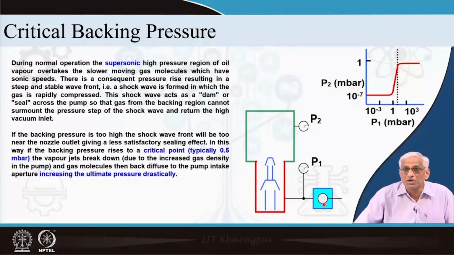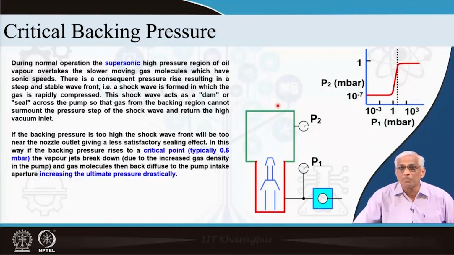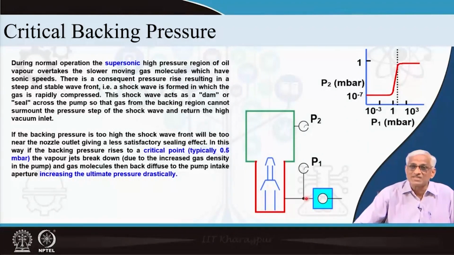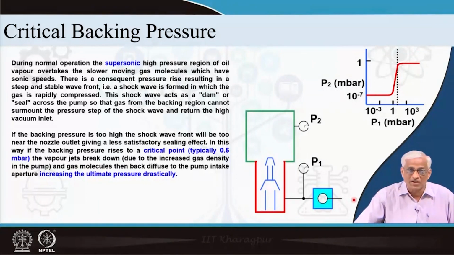So, you may think that the rotary pump is taking the help of the diffusion pump to compress it from 10 power minus 6 to minus 2, afterwards it is able to take. But the other way also, the diffusion pump is compressing and giving it to the rotary pump, as it cannot exhaust it to atmosphere. So, the diffusion pump takes the help of the rotary pump in order to exhaust it finally to atmosphere. Finally, every molecule has to go to the atmosphere, then only we have removed the molecules.